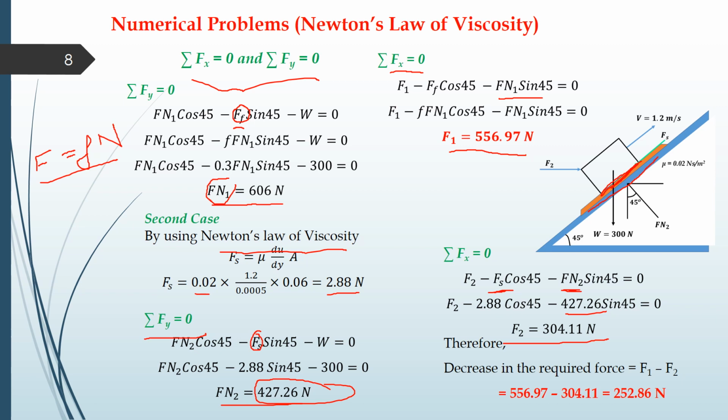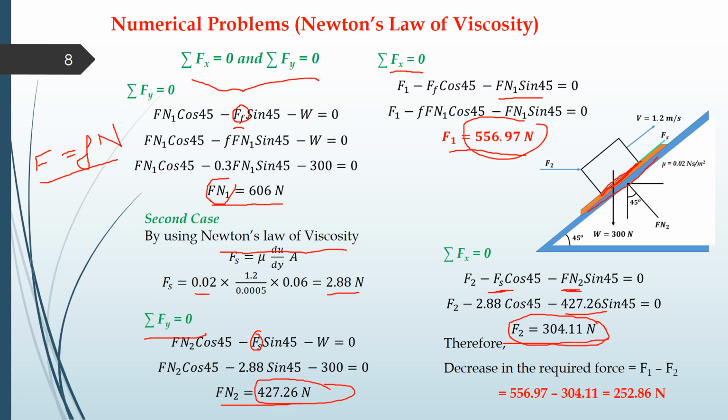The second part of this numerical was to find the decrease in the required force after the application of the lubricating film. The force in the dry condition was 556.97, and the force in the second case, when the lubricating film is used, is 304.11 newtons.